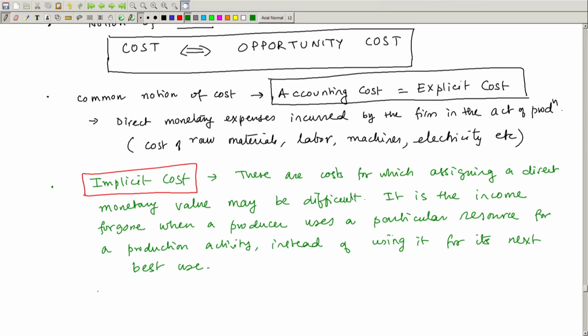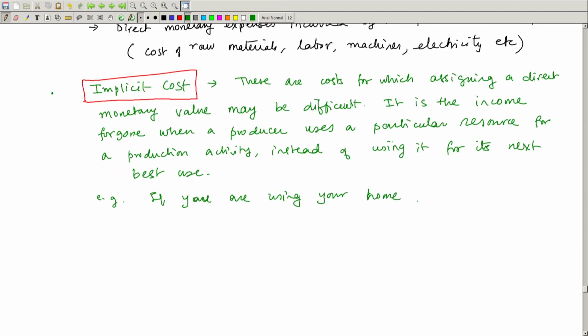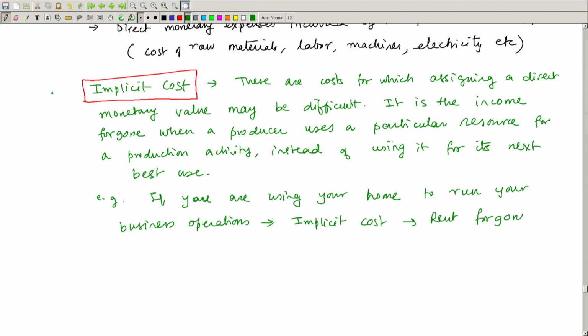So for example, if you are using your home to run your business operations, the implicit cost is the rent that is foregone, right.